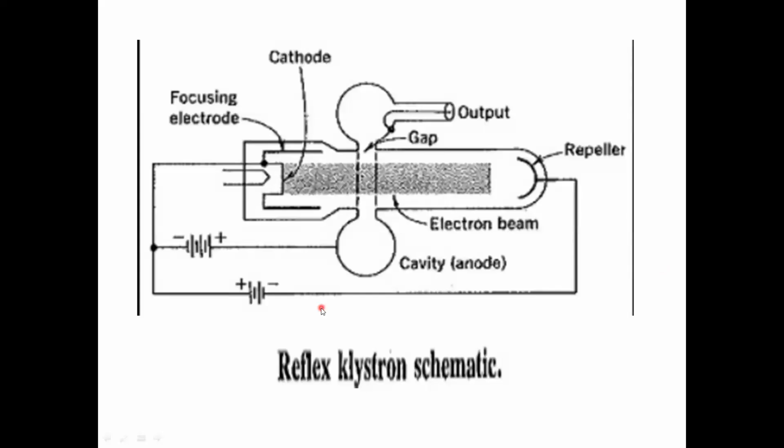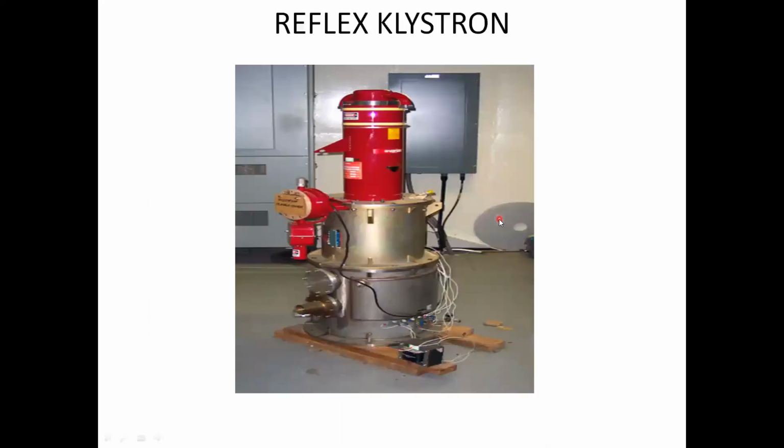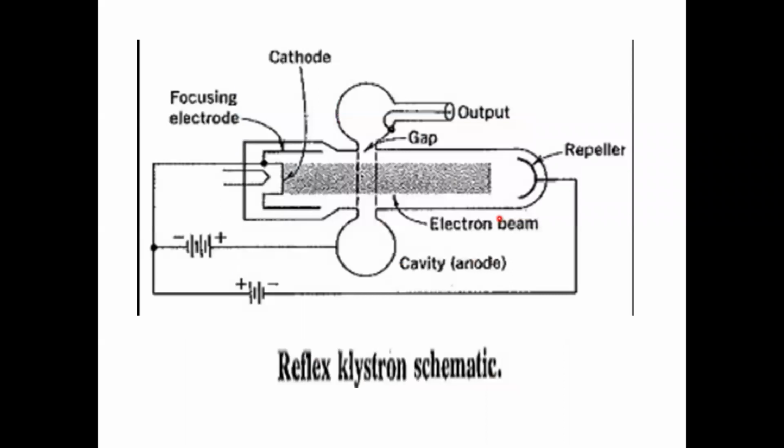On the slide you are watching the reflex klystron schematic. The block diagram consists of the cathode, repeller, bunching cavity, as well as the anode cavity for the output. The repeller is at negative potential.